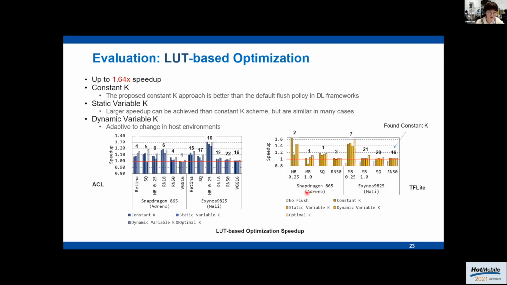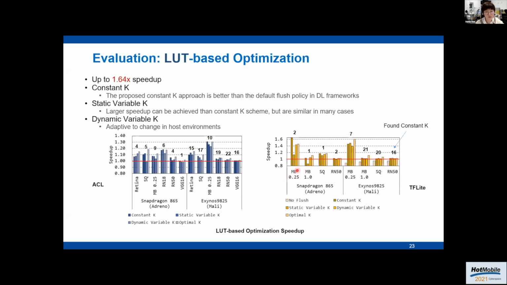As can be seen in the figure, the proposed constant scheme is better than the default scheme in deep learning frameworks. It is up to 1.64 times speedup on MobileNet V1 0.25.